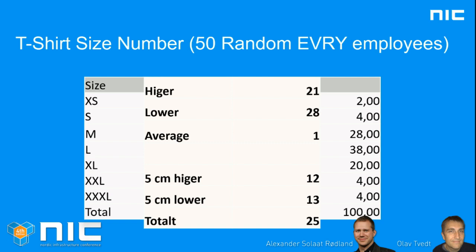All others had different heights. Going down to 5 centimeters, it will be just about the height that makes everything painful to fit into, if it's the wrong height. So we figured out that 25 people, 50%, were so far out of the scope of the average that it didn't fit.